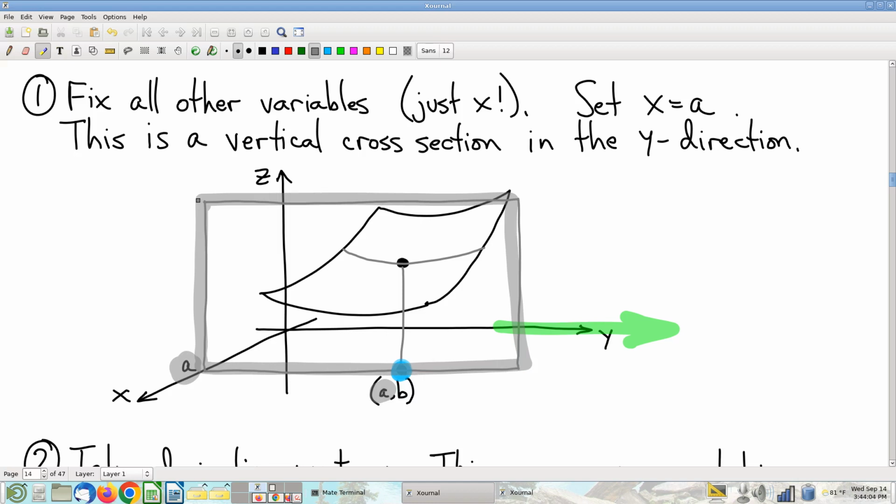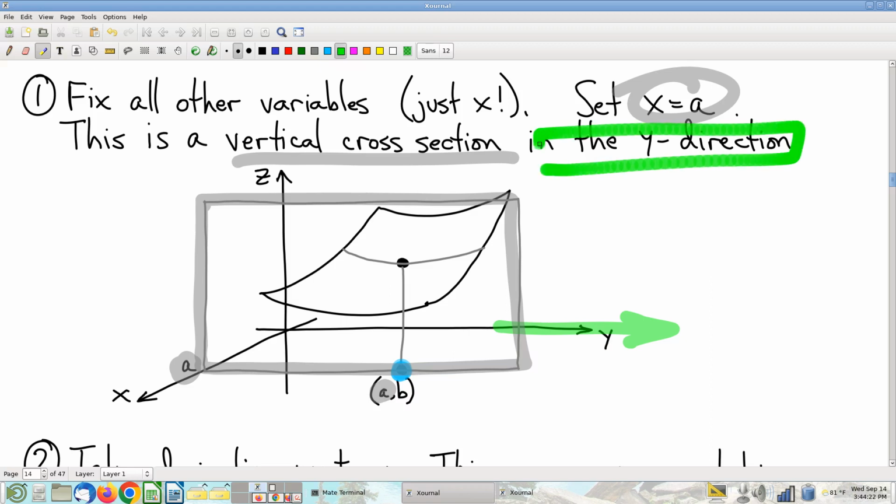This is a kind of vertical cross section, you might say, of space. That's where x is equal to a. Now this is just a geometric observation, but it's a plane that's defined by a fixed value of a, and so it points in the y direction, if you will. In other words, as you move along in this plane, you're moving along in the y direction.